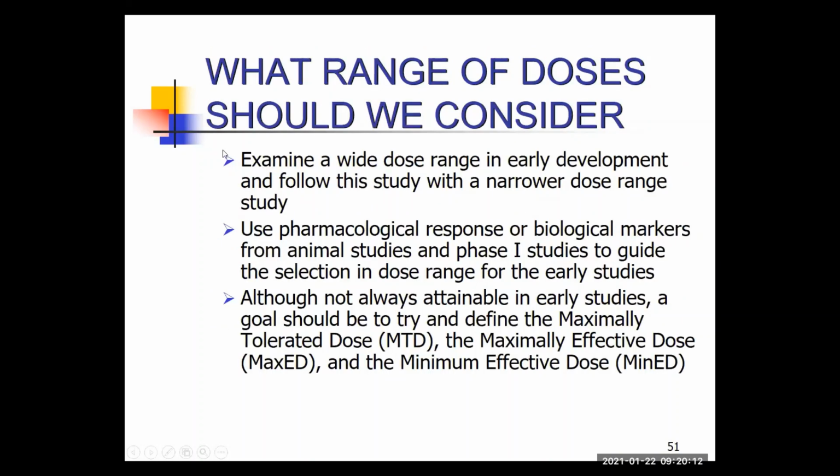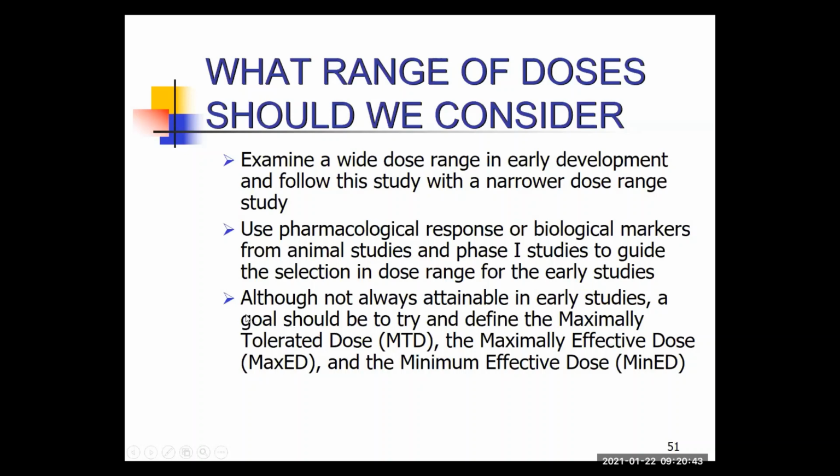All right. Now, we want to examine a wide range of dose in early development and follow the study with a narrower dose range. So that was my thinking back in the 90s or early 2000, that you start with a dose ranging trial with a wide range and use pharmacological response or biological markers from animal studies and phase 1 studies to guide the selection of the dose range in the early studies.